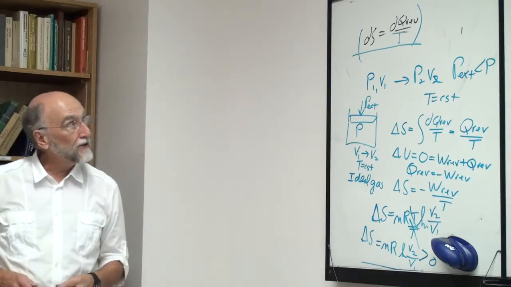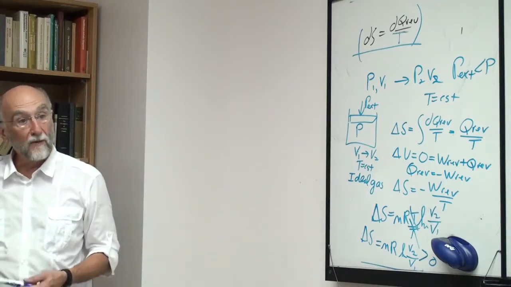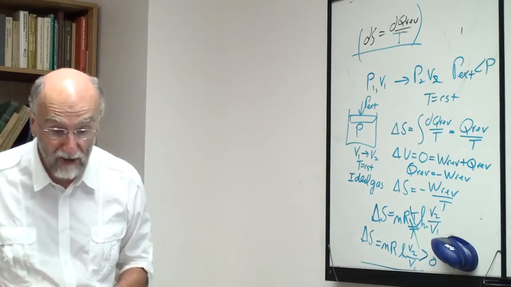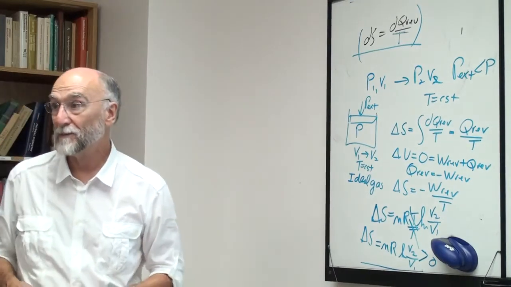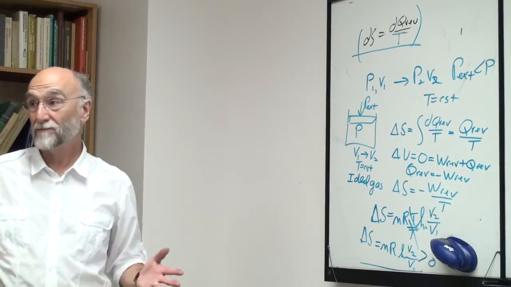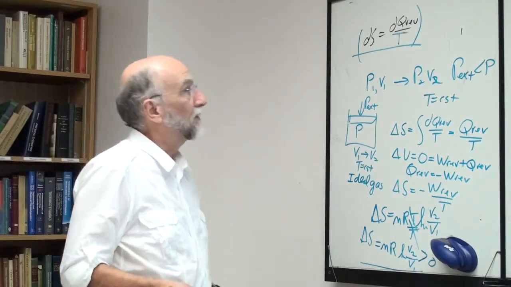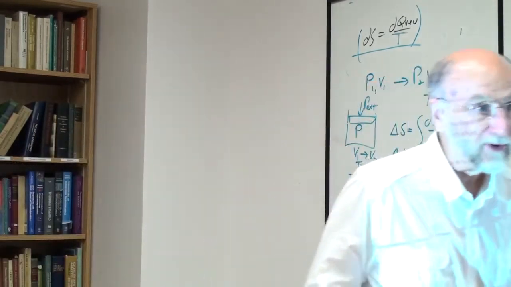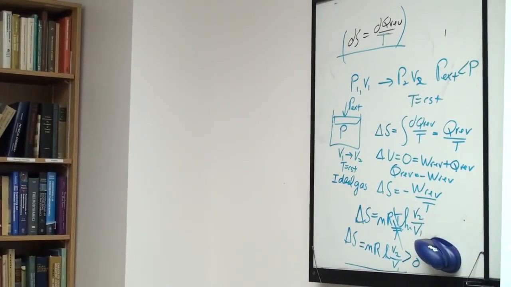The total entropy takes into account the entropy change of the surroundings as well. I'm running out of board here, so I'm going to put this piece of paper over this.